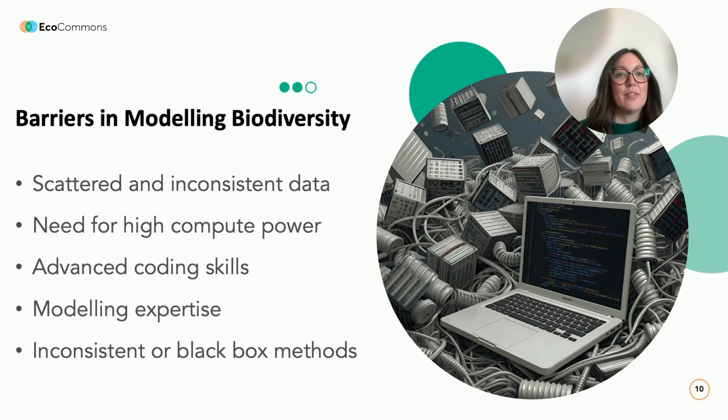Even if you had compute, you needed to have advanced coding skills, which can exclude some really brilliant practitioners who just hadn't been trained in programming. And on top of that, you need modelling expertise. And even then, the workflows are often black boxes. Two people could run what looked to be the same model and end up with really different results. So all of this meant that biodiversity modelling could be slow, fragmented, and often inaccessible.